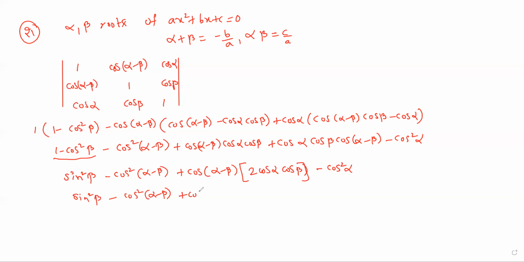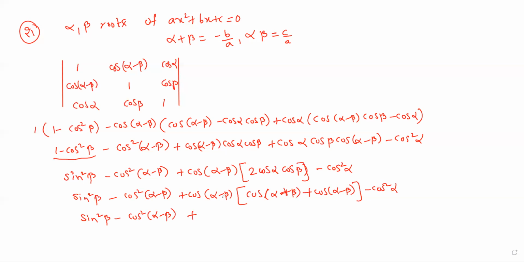Now this cos of alpha minus beta into 2 cos A cos B, we can write as cos of A plus B: cos of alpha plus beta plus cos of alpha minus beta, minus cos square alpha. Here sin square beta minus cos square of alpha minus beta.